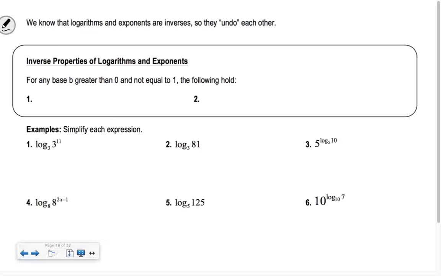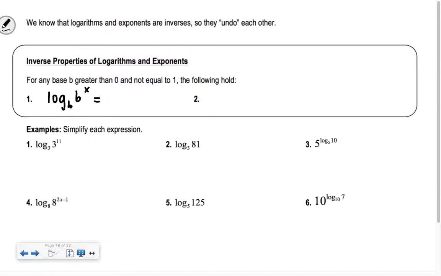All right, so let's try one more rule. We know that logarithms and exponents are inverse functions, just like multiplication and division are inverse functions, or addition and subtraction. So they undo each other. So if I have log base b of b raised to the x, this x goes down to the front, and we get x times log base b of b.